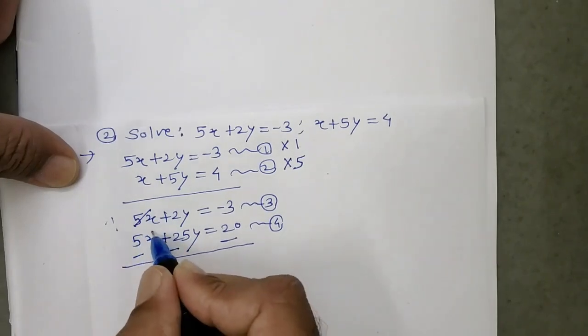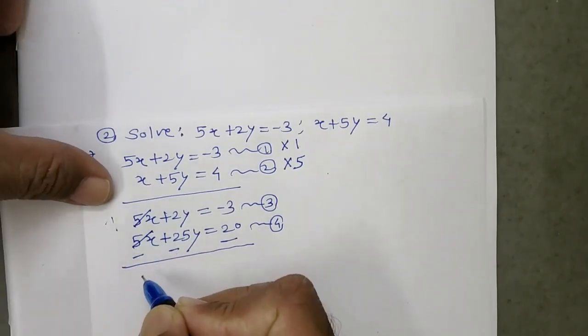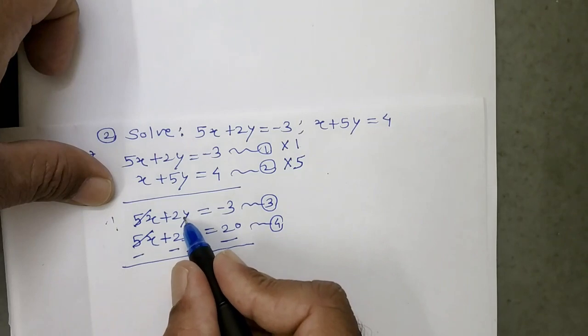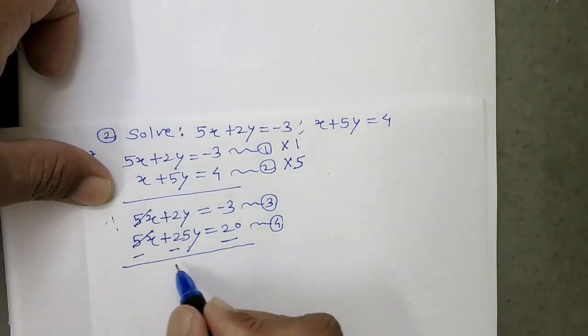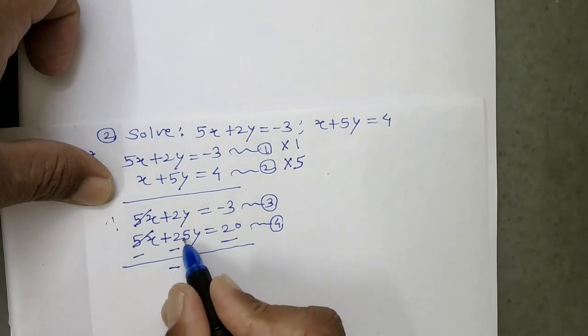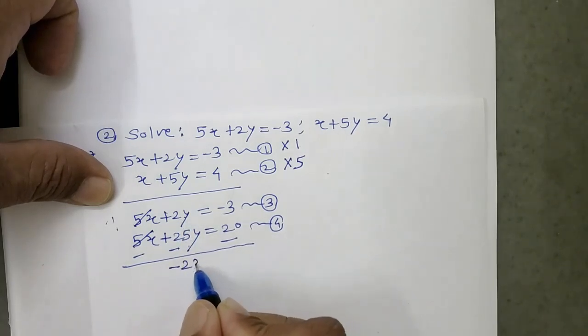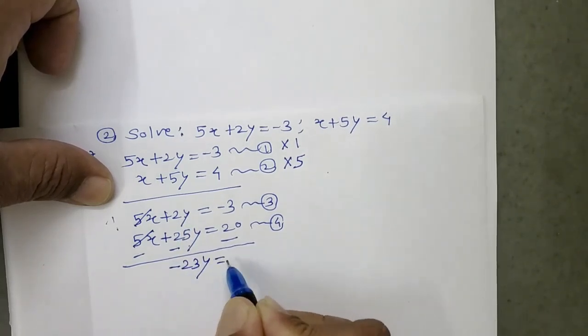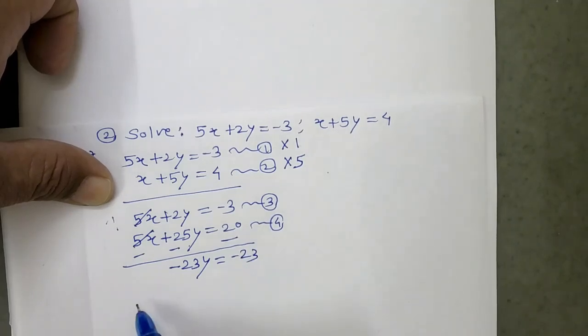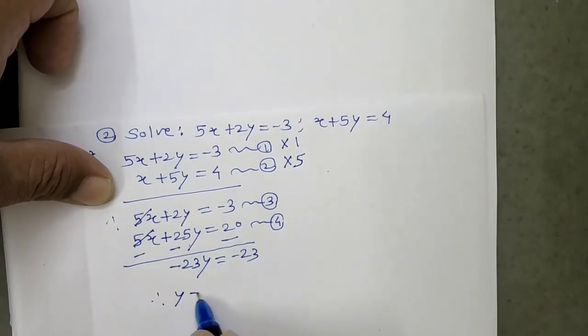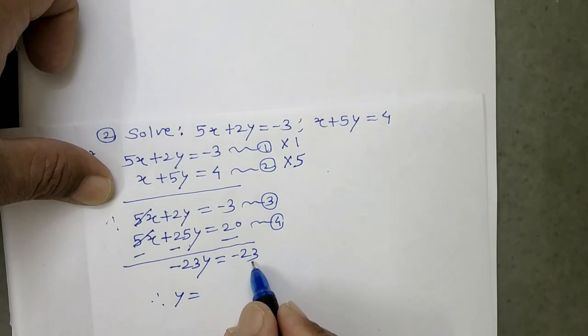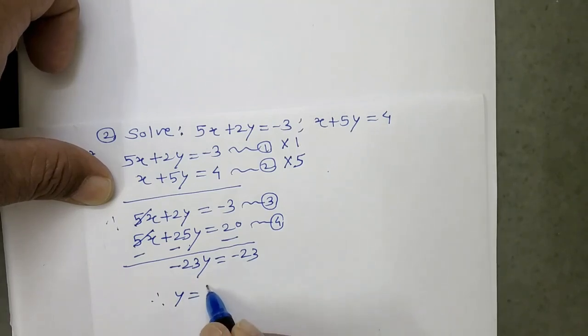Here plus 5x minus 5x get cancelled, 2y minus 25y. Now larger term is minus, therefore minus 25 plus 2 is minus 23, so minus 23y is equal to minus 23. Therefore y is equal to minus 23 divided by minus 23, which is 1.